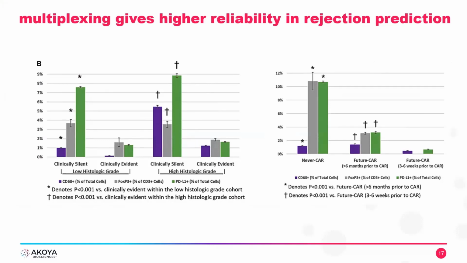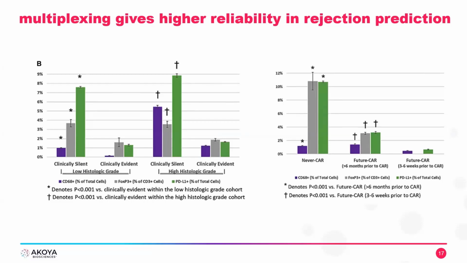So especially on the left-hand side, you see that in the low histology grade, you see a very high PD-L1, which was expected, but also in the high histologic grade, you see that PD-L1 can be really high, and vice versa.